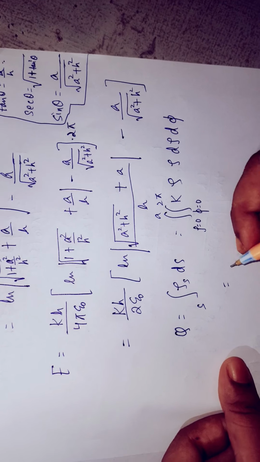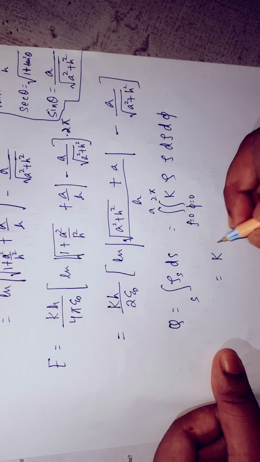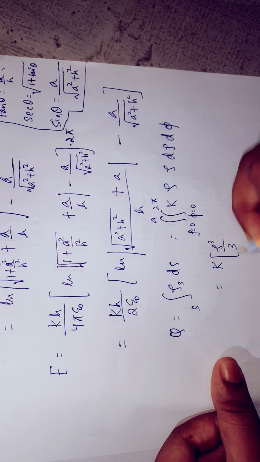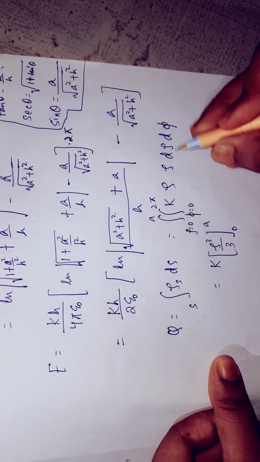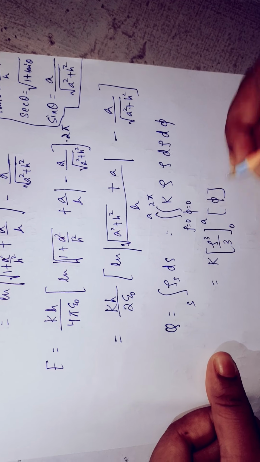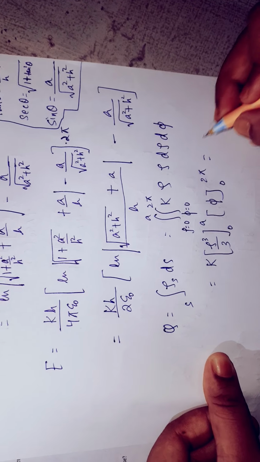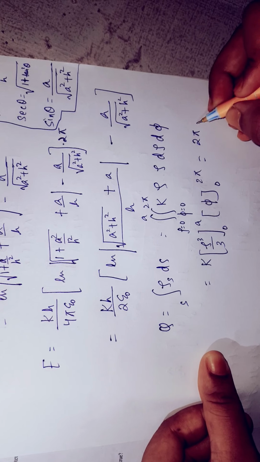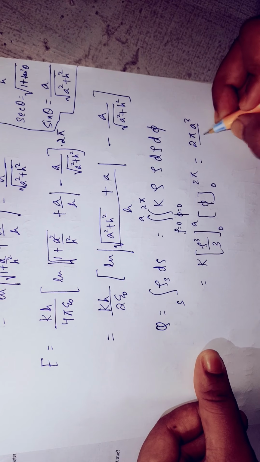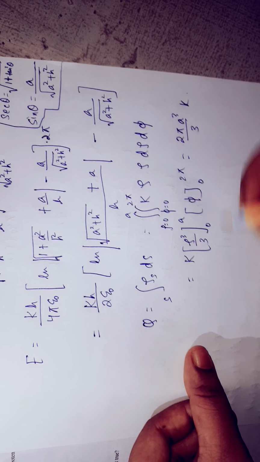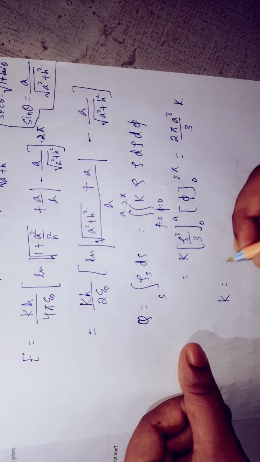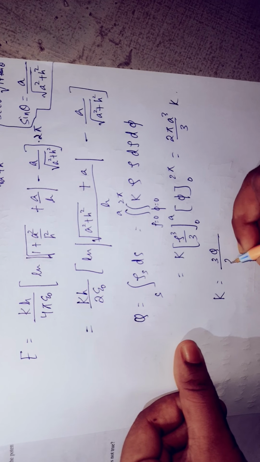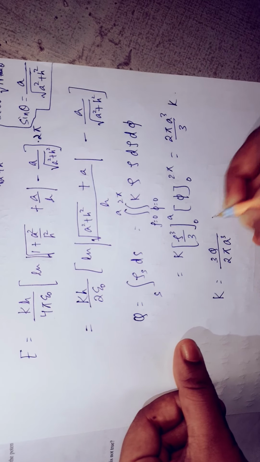So this is rho square, so I'll get rho cube by 3, from 0 to a, and d phi will be phi, from 0 to 2 pi. So I got a cube by 3 into k, and my k's value will be 3q by 2 pi a cube.